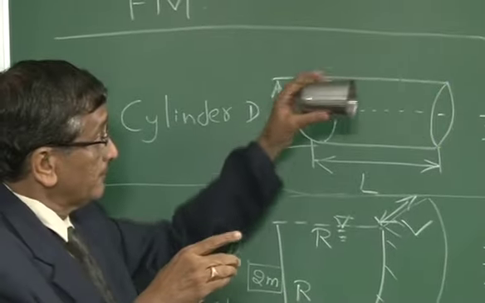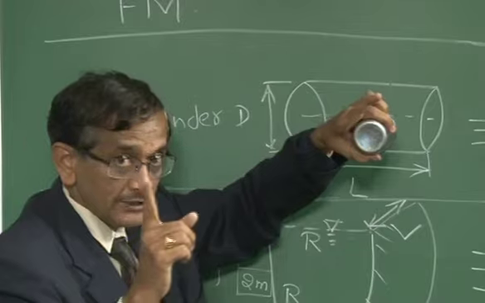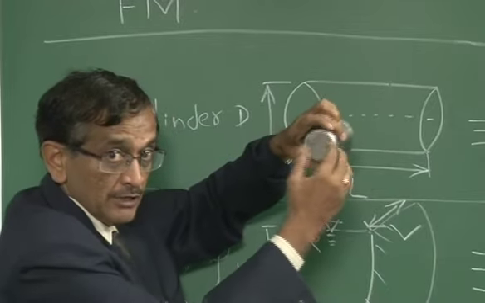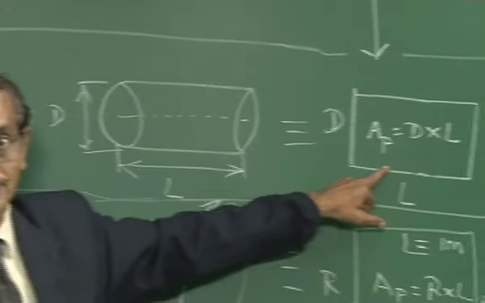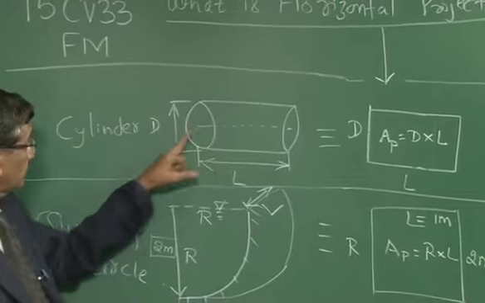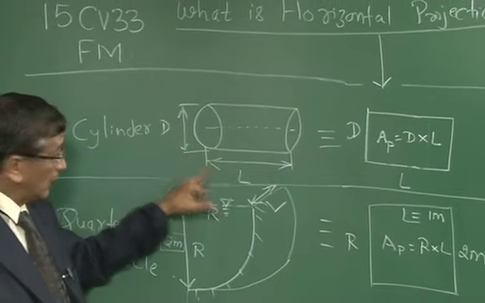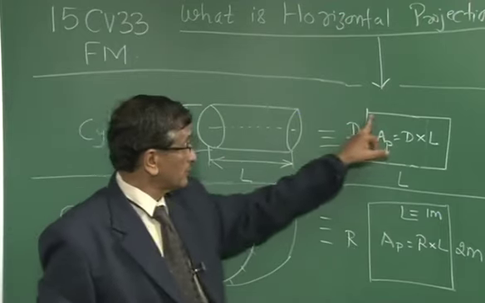You can see this face is basically a circular face, right, or curved face, but I am projecting it to an equivalent rectangle. Again I repeat, you can see it is a cylinder having diameter d and length L. It will become an equivalent projection.